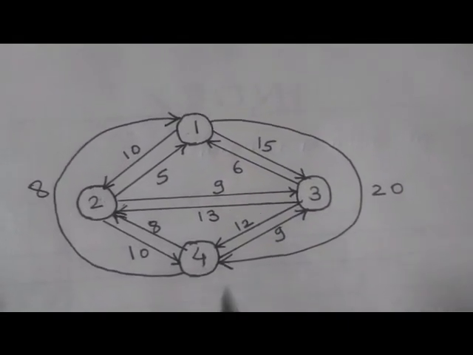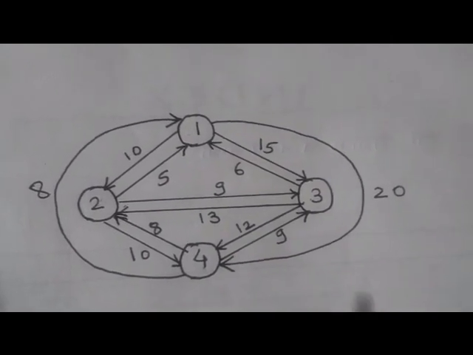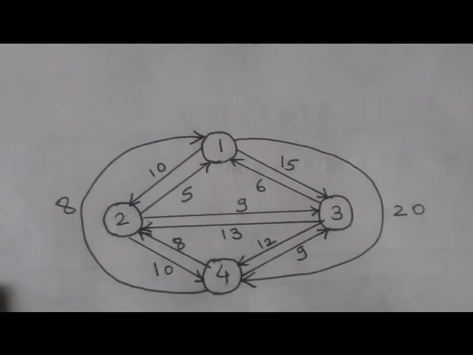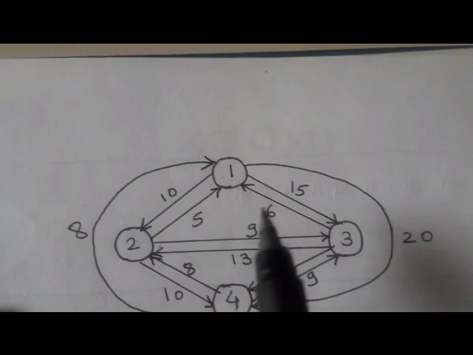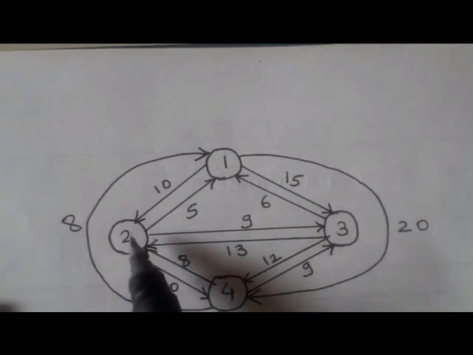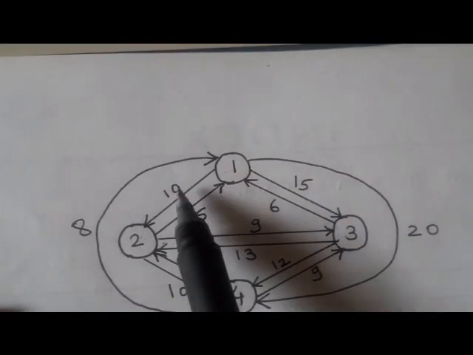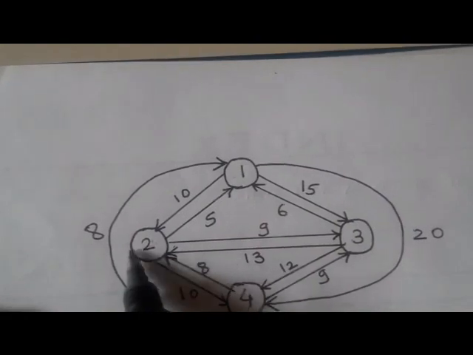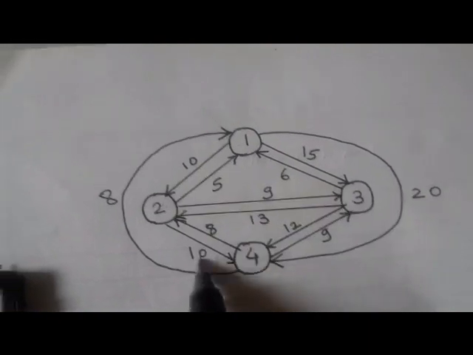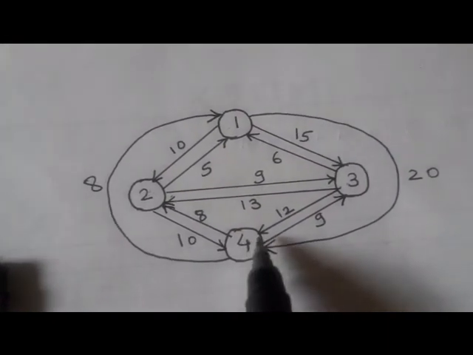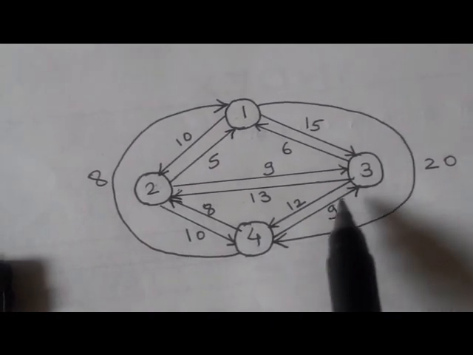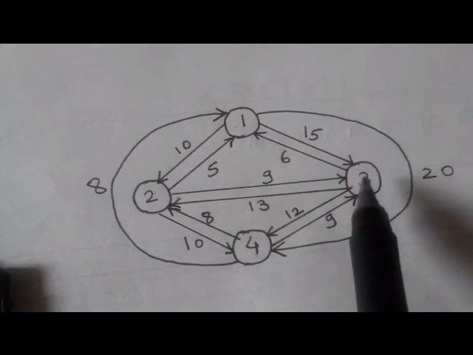In this way, there are a number of Hamiltonian cycles present in this graph. We will see the second Hamiltonian cycle. We start from vertex 1. Then vertex 1 to 2 is visited using the edge 10. Then from 2, we visit vertex 4 using the edge 10. Then after vertex 4, we visit vertex 3 using the edge 9.